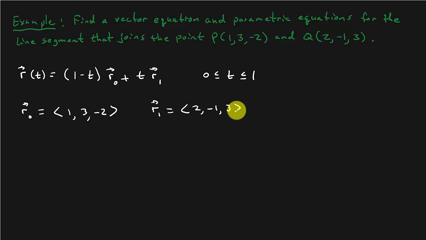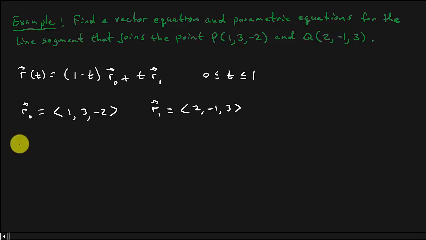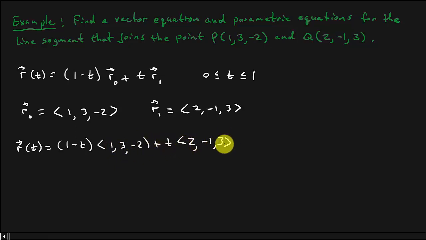And so guess what you do now? Now you just plug it in. So you've got vector r(t) is equal to (1 minus t) times vector (1, 3, -2) plus t times vector (2, -1, 3).